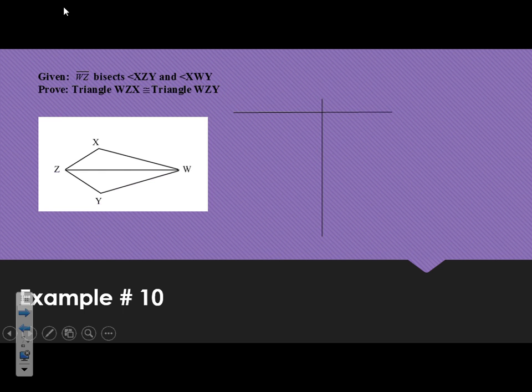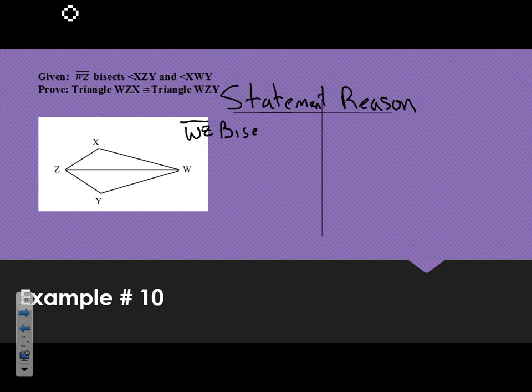First thing, let's put up our statement and our reason. Next thing I like to put in my statements by givens. I'm given that WZ bisects, which remember means cut in half, angle XZY and angle XWY.